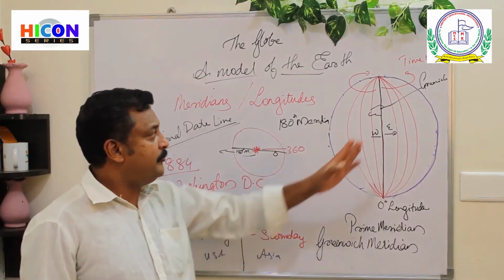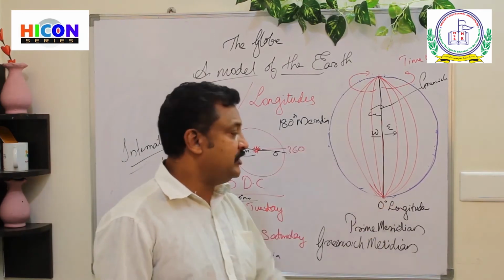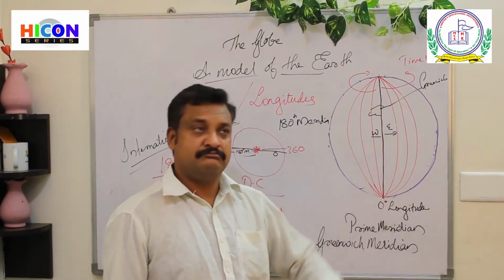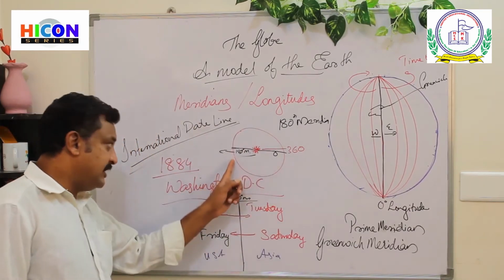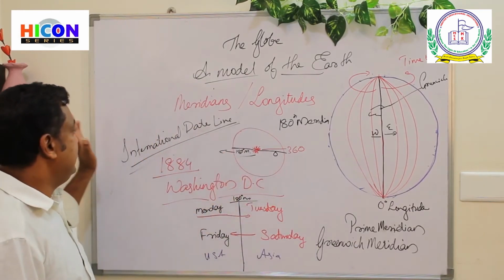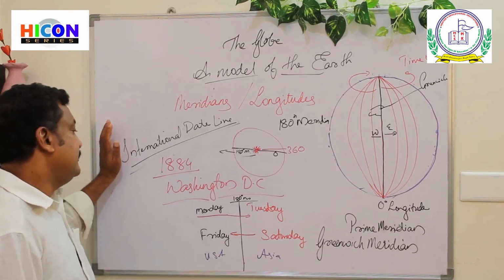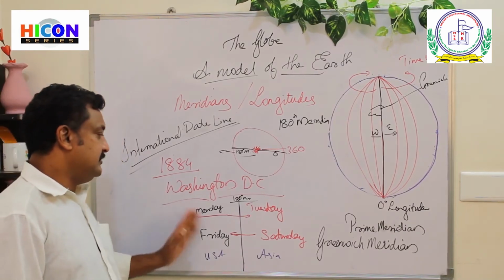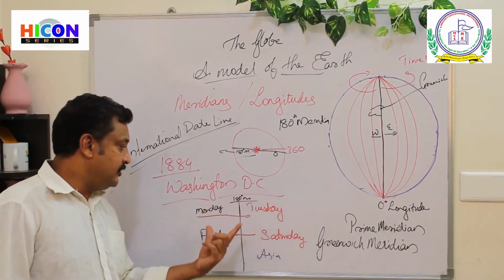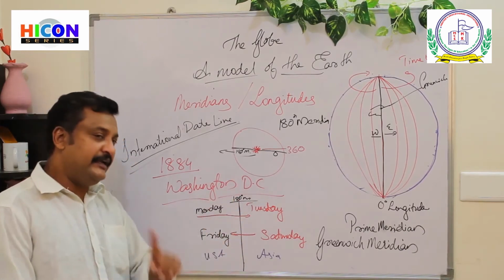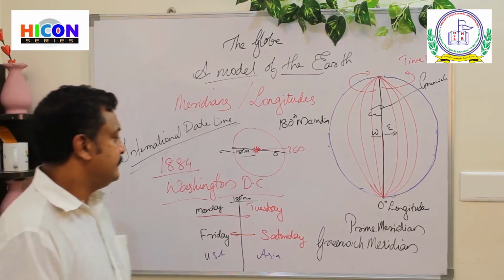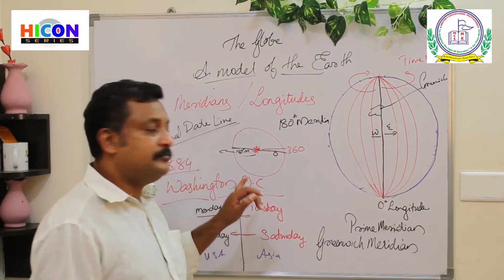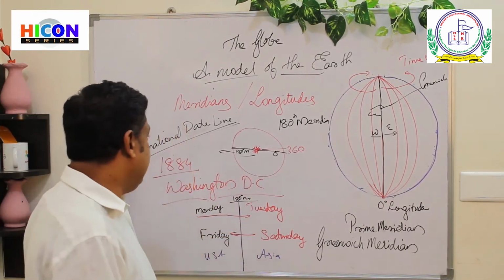So the line opposite to this 0 degree longitude, which becomes the 180 degree longitude on the other side of the globe, is considered as the international date line, and the Asia and American regions have a day's difference when we calculate it based on the time. Right? So the 180 degree meridian is known as the international date line.